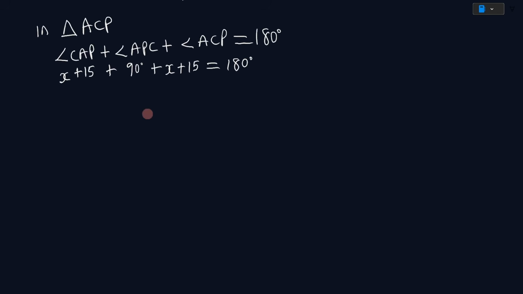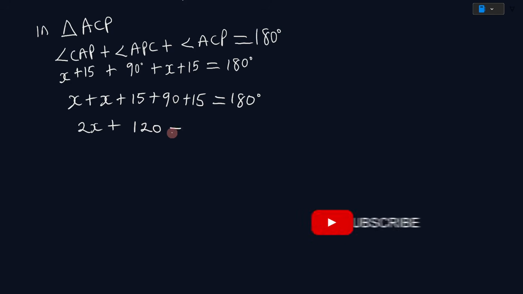To find x, we collect like terms. x plus 15 plus 90 plus x plus 15 equals 180 degrees. x plus x is 2x, plus 15 plus 90 is 105, 105 plus 15 is 120, equal to 180 degrees.